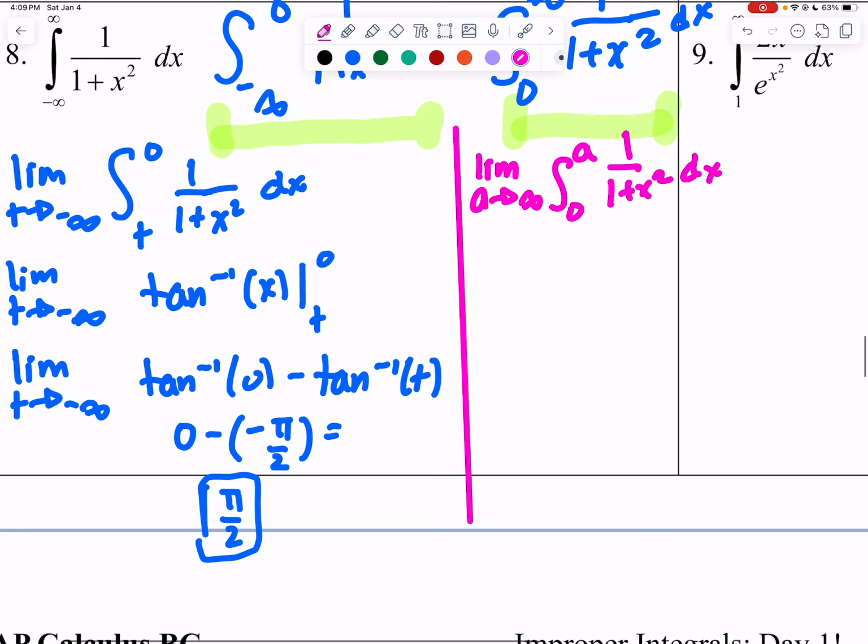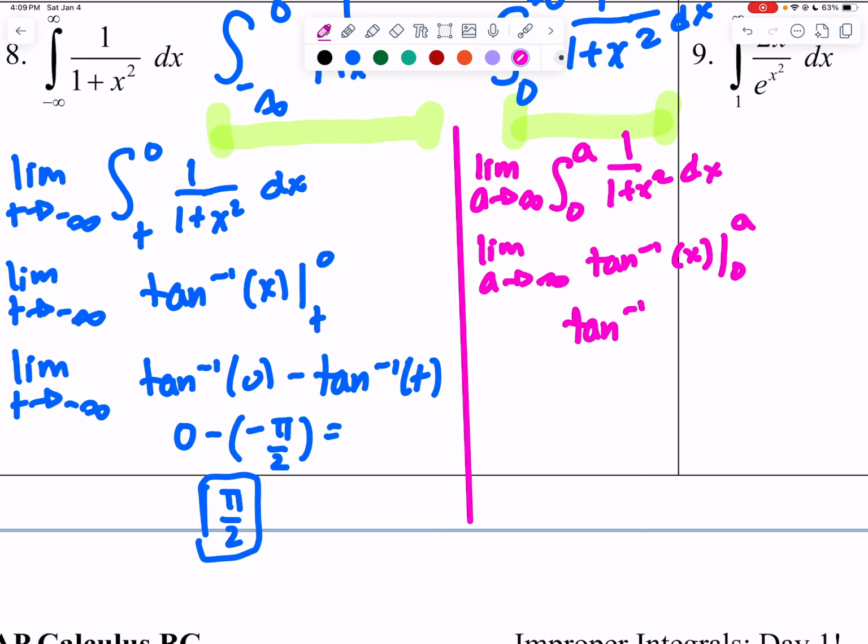Okay, once again, we know that is going to be inverse tangent. And once again, notice how I'm carrying my limits throughout. So then I have inverse tangent of a minus inverse tangent of 0 as a approaches infinity.